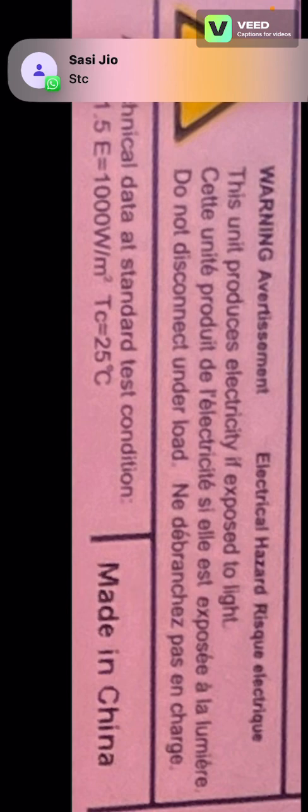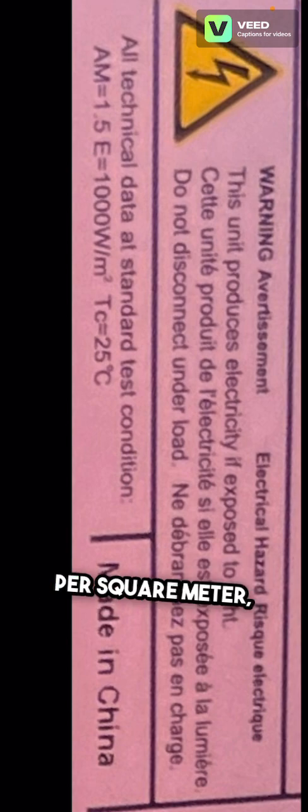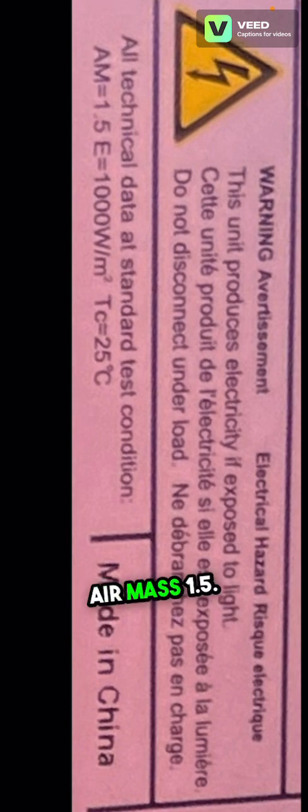That means sunlight of 1000 watt per square meter, temperature 25 degrees Celsius, air mass 1.5. But in a real site, temperature is higher. So actual power will be slightly lower than 545 watts. Okay.